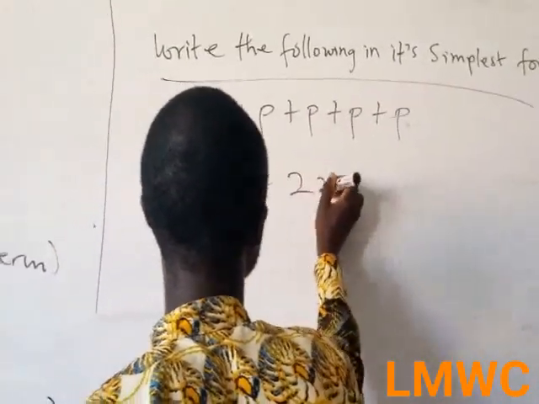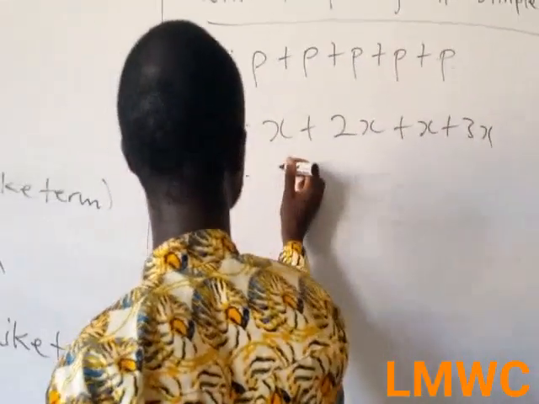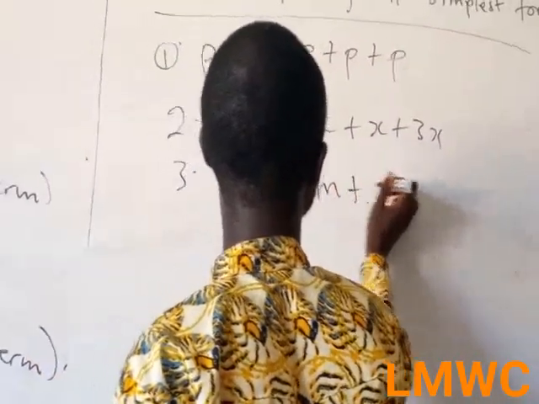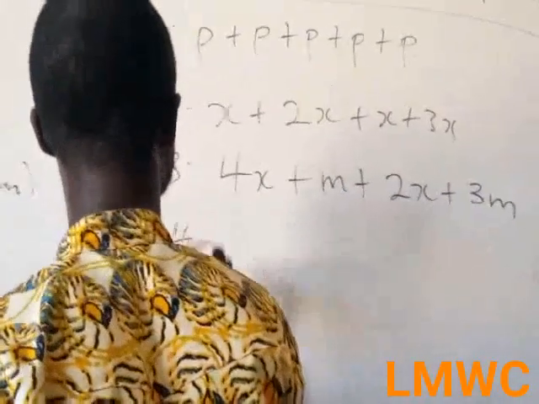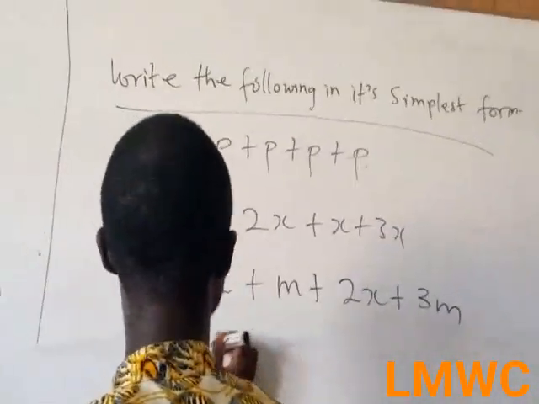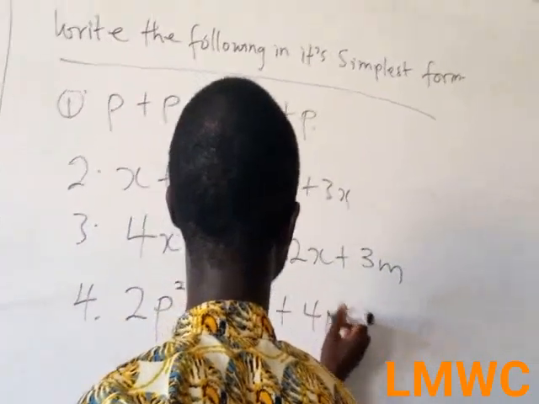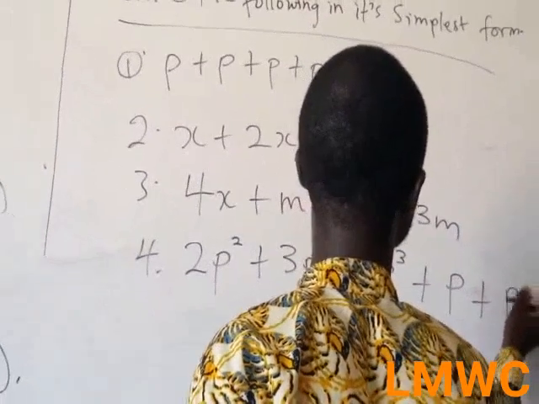X plus 2x plus x plus 3x. 3. 4x plus m plus 2x plus 3m. 4. 2p squared plus 3p squared plus 4p cubed plus p plus p squared.